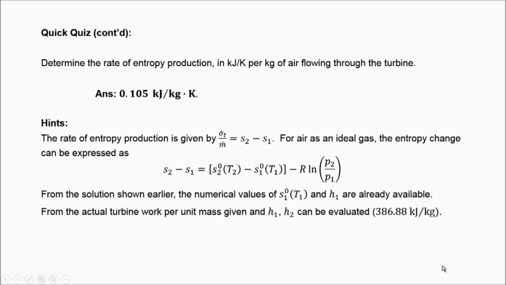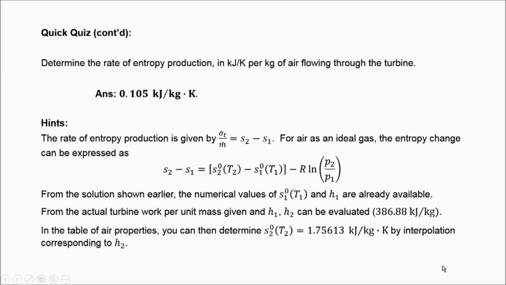From the actual turbine work per unit mass given and the value of h1, h2 can be evaluated. In the table of air properties, you can then determine s02 at T2 is equal to 1.75613 kilojoules per kilogram Kelvin by interpolation corresponding to the value of h2. The numerical evaluation of sigma dot over m dot using the equation above is left as an exercise.